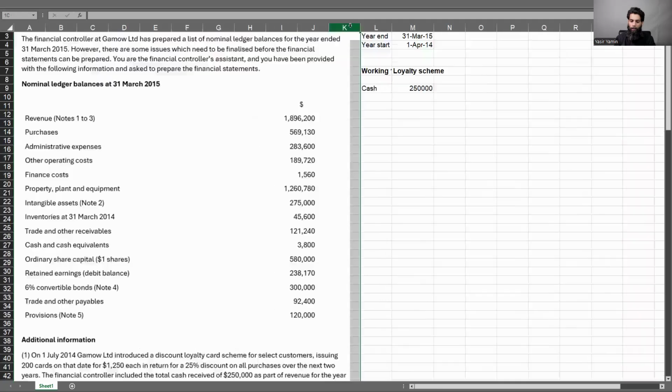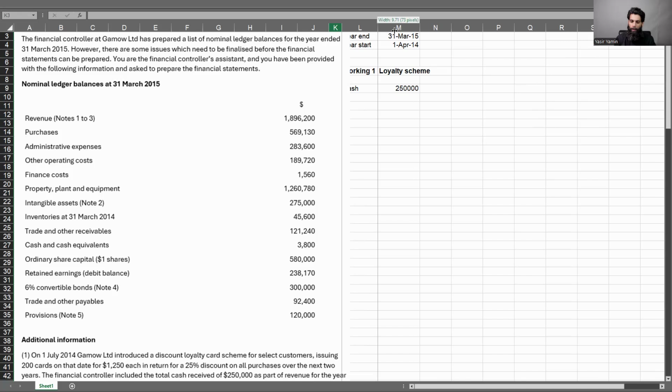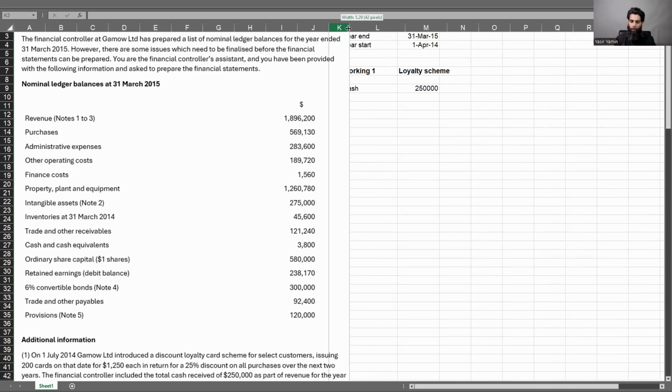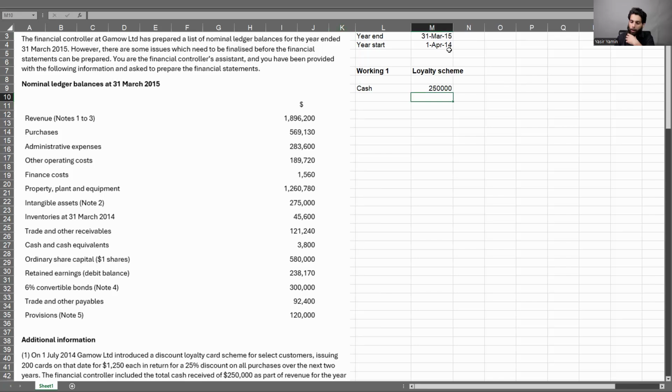I have collected $250,000 on which I am promising you that I will allow you a discount over the next 2 periods, over the next 2 years. Guys, I want your feedback. I have just sold some cards worth $250,000.